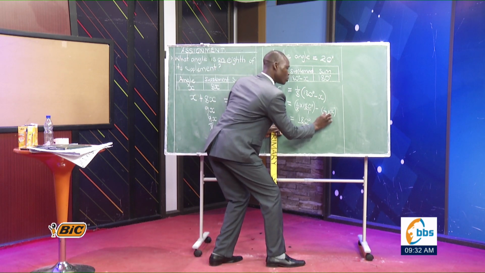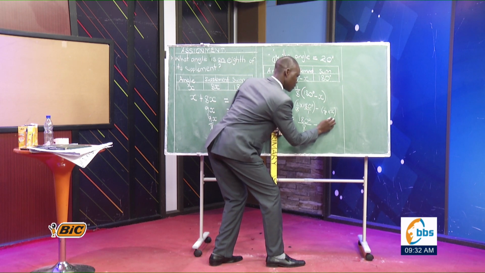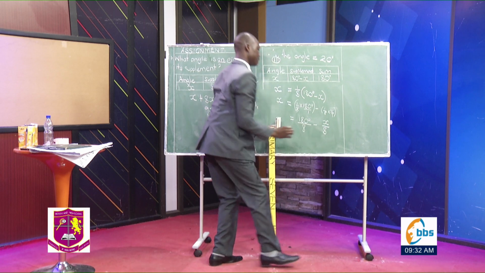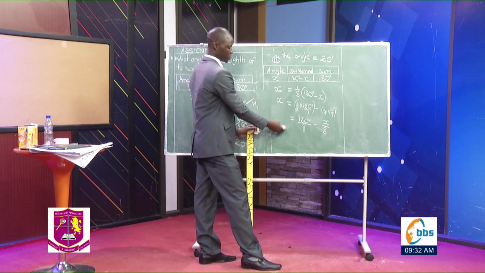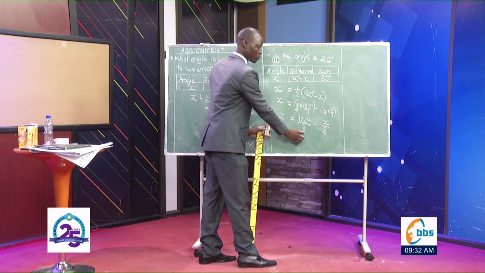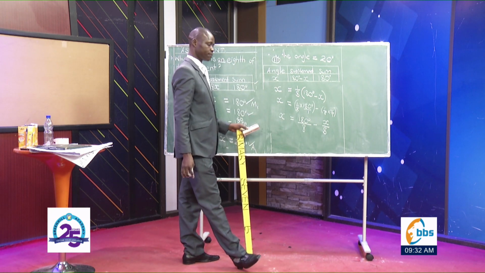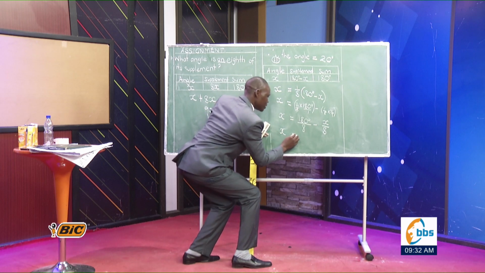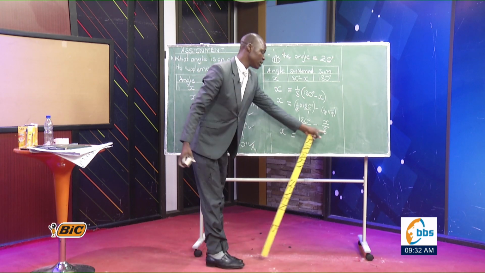Minus, now this is 1 out of 8 times x. We shall get x out of 8. So our angle x continues here: x is equal to 180 degrees out of 8 minus x out of 8. Now we shall have to get the LCM of the denominators here.